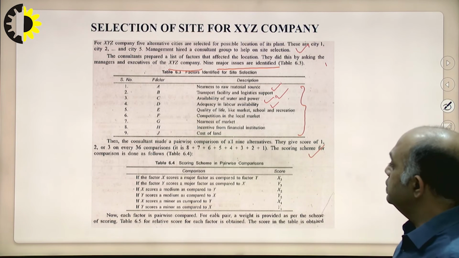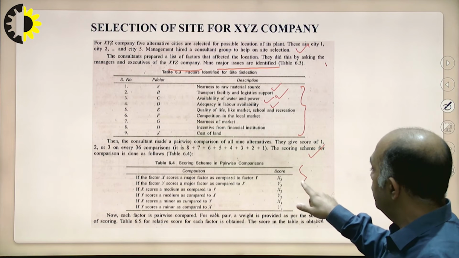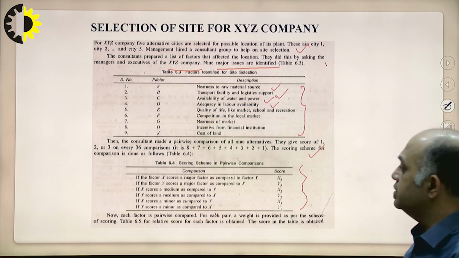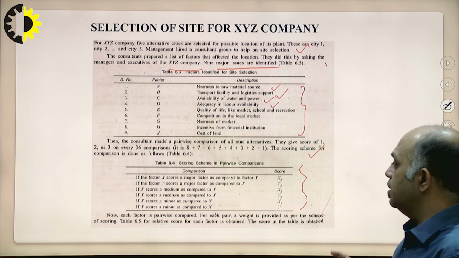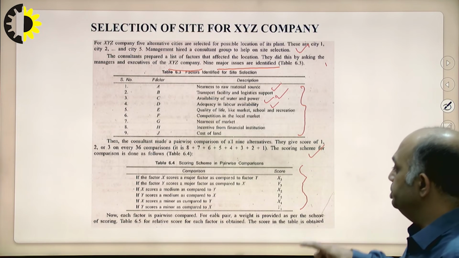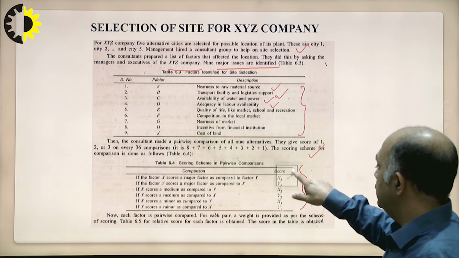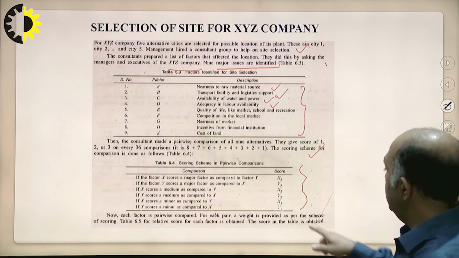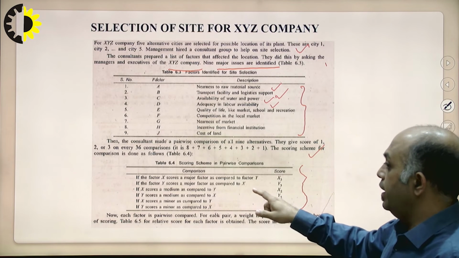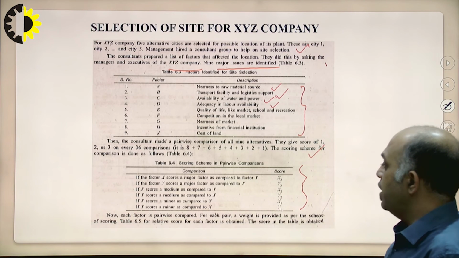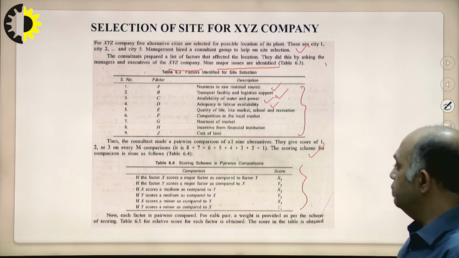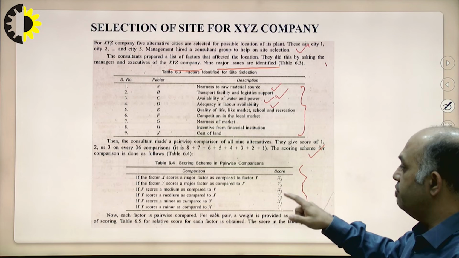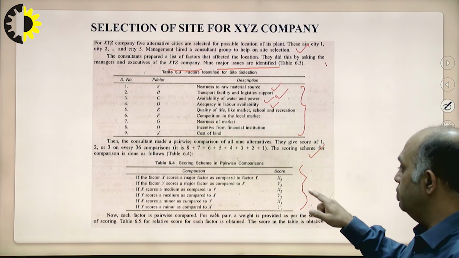The way we do the comparison is this: if the factor X scores a major factor as compared to factor Y, then we write it as X3, and if the factor Y scores a major factor as compared to X, it will be Y3.